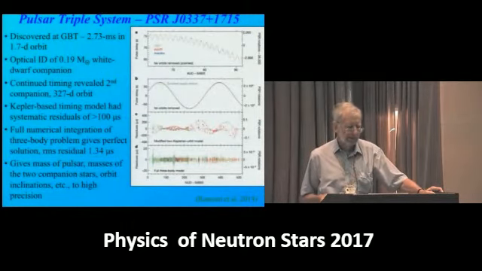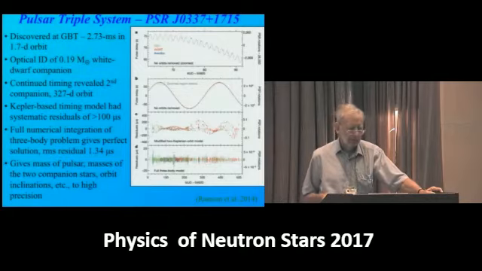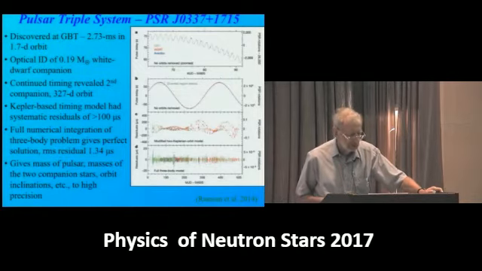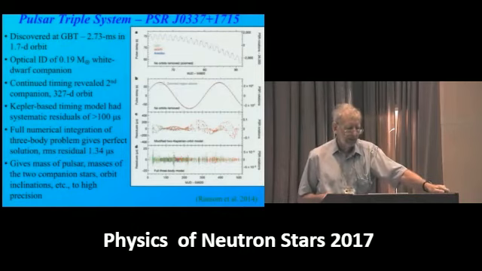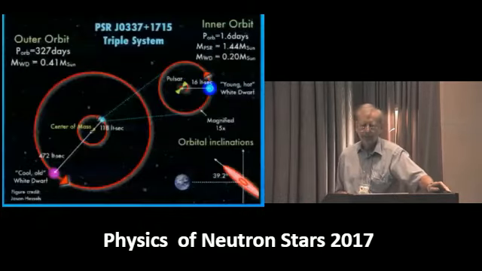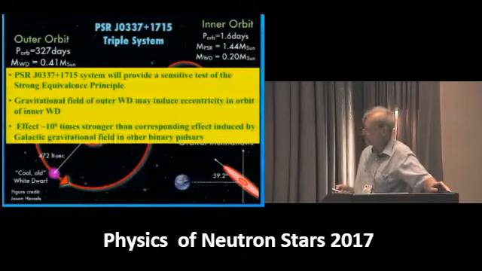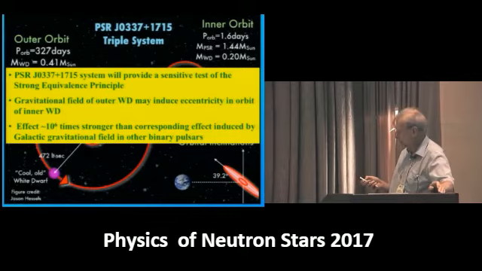This is a pulsar triple system, and there's a talk actually this afternoon by one of Jason's students or postdoc, I'm not sure, about this system, so I won't say too much about it. The reason I put it in was that there is the potential with this system of providing a very sensitive test of the strong equivalence principle.